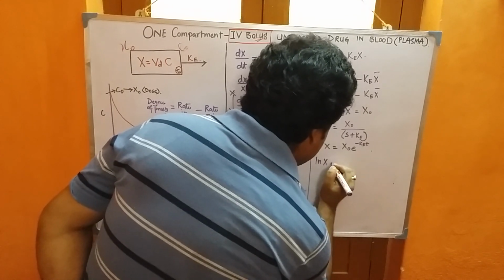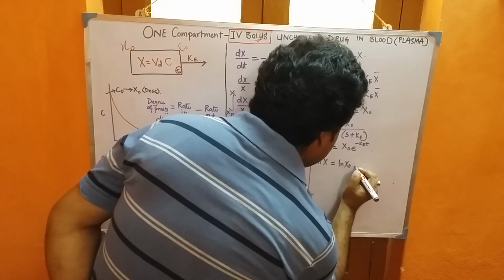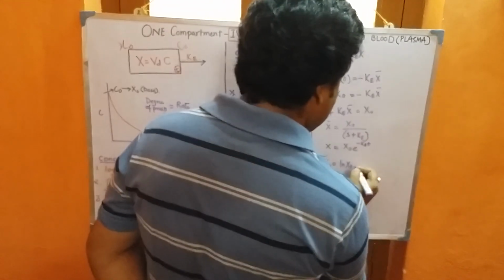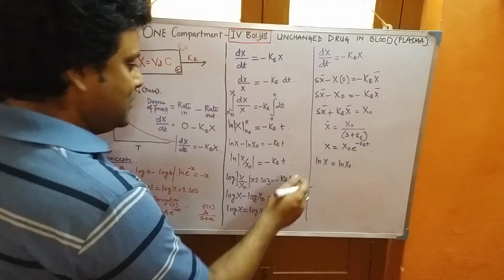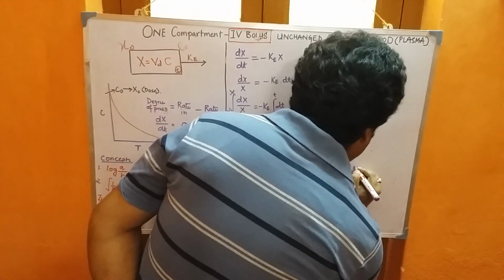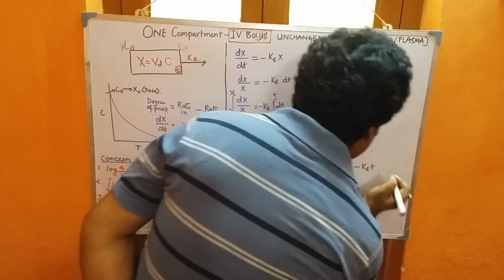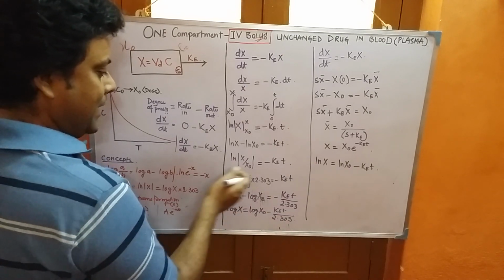So ln x equals ln x naught into ln e to the power something. I told you ln e to the power something, directly we can write it as Ke t.